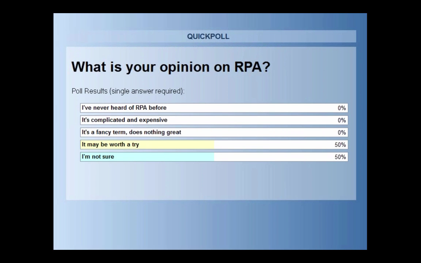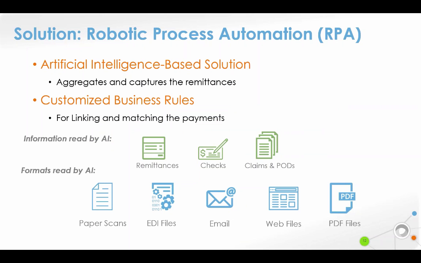Well, let's see if we can convince everybody that it's worth a try. Okay, so going a little bit further into what is robotic process automation. Again, this is the definition at HighRadius. This is what we put together in trying to explain what it's about. Really we can break it down into two distinct areas.